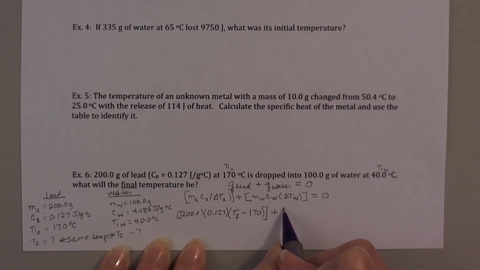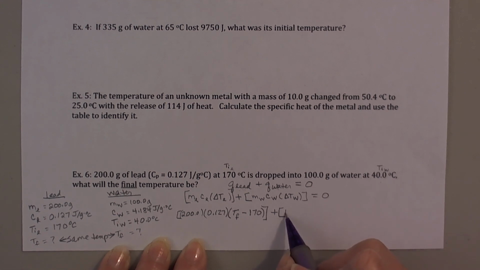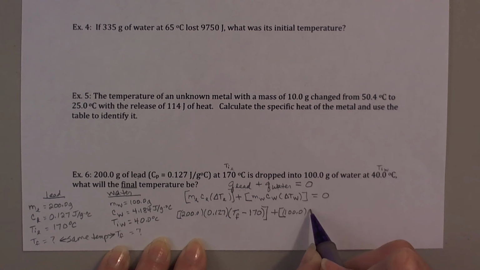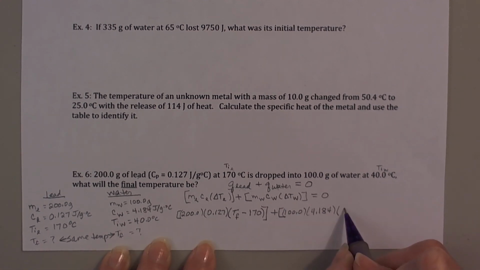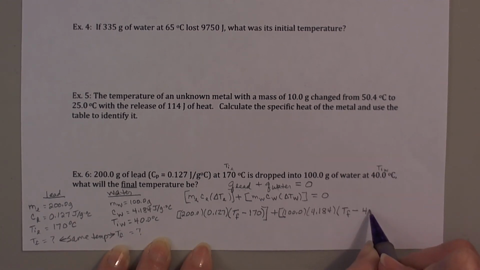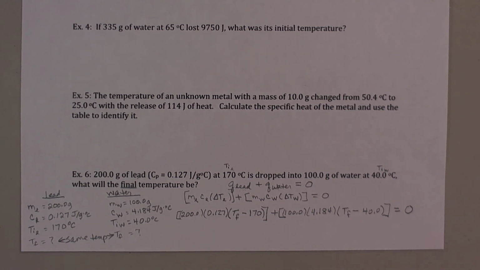Now let's add to that the mcat equation for the water. The mass of our water is 100 grams. The specific heat of the water is 4.184. The temperature change of the water is the T final minus the T initial. Well, T final we're trying to find. T initial is 40 degrees Celsius. Now, when we add all that up, our final answer should be 0.